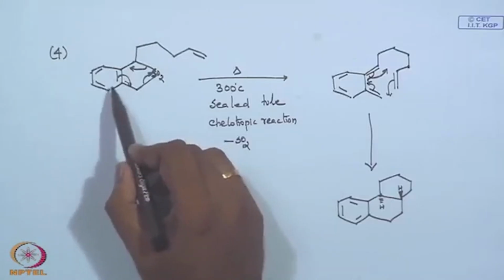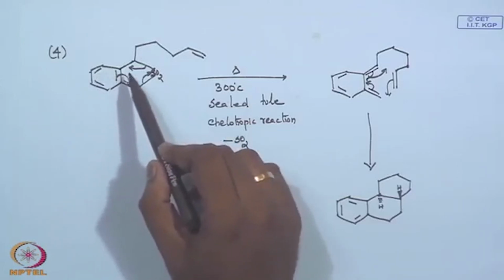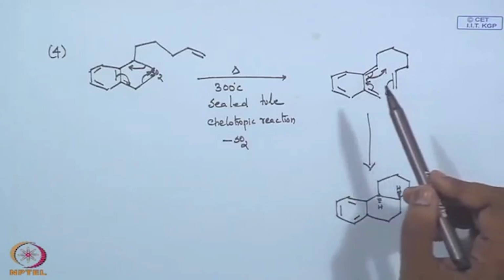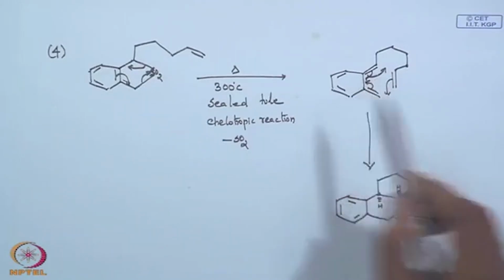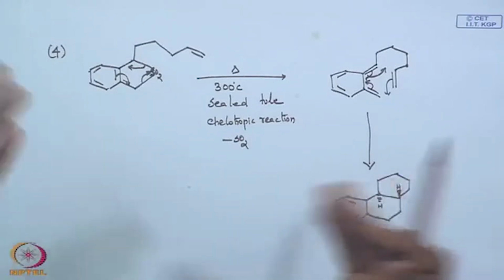You are taking a system, and once you do a chelotropic reaction, you are bringing back your diene. In the previous case, using this diene, I used a naphthoquinone type and we did an intermolecular Diels-Alder reaction.